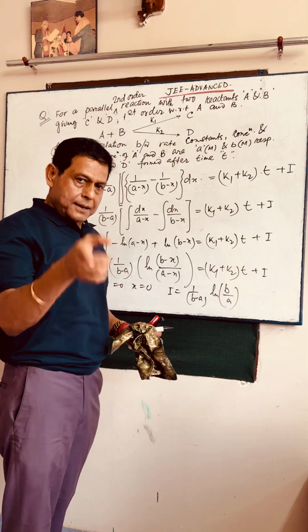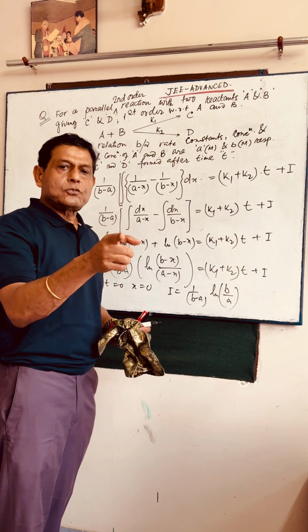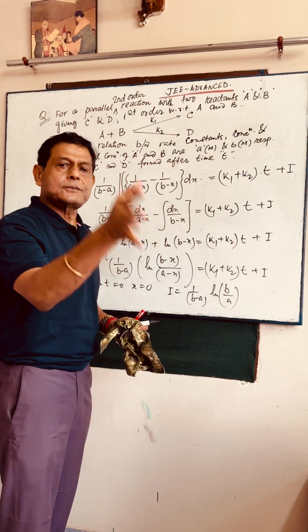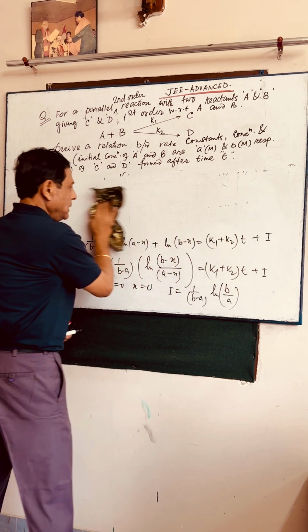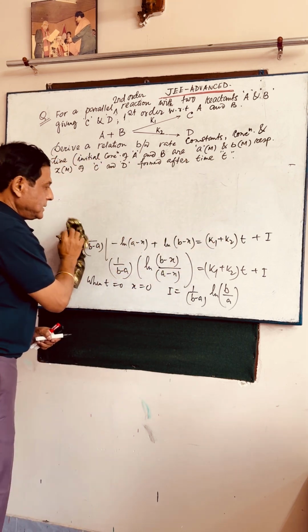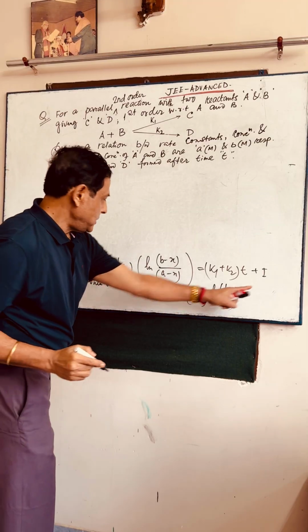that is the derived integrated rate law for a parallel second order reaction, first order with respect to a as well as first order with respect to b. Let's see what is the final derived integrated rate equation. So we'll put the I value here.